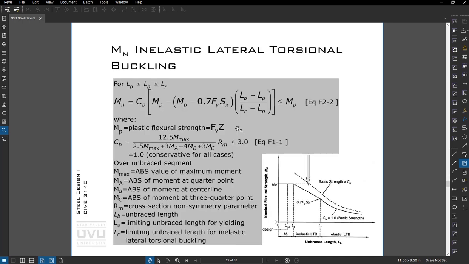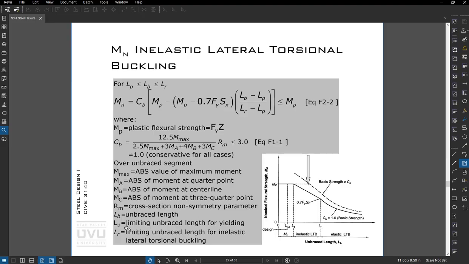This next area is given by this not so simple equation. What you'll find though is it can be broken down piece by piece and you kind of chew your way through it. It basically has a plastic moment term, an elastic moment term, and then some ratios between LP, LR, and your LB, which is your physical brace length.